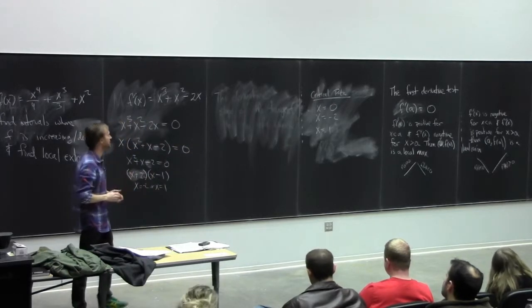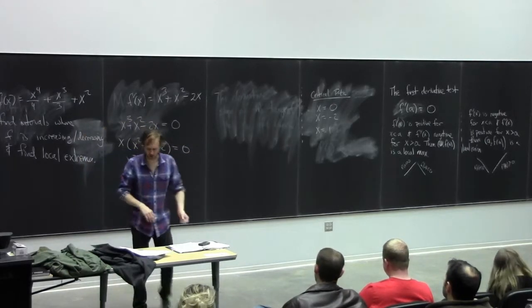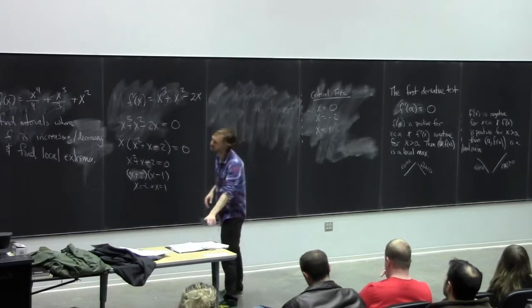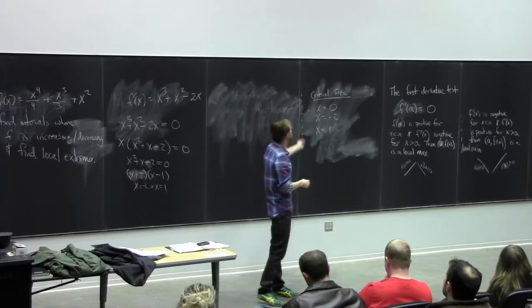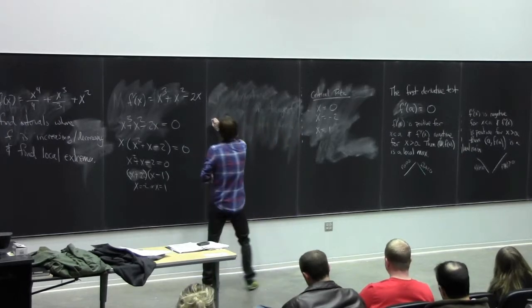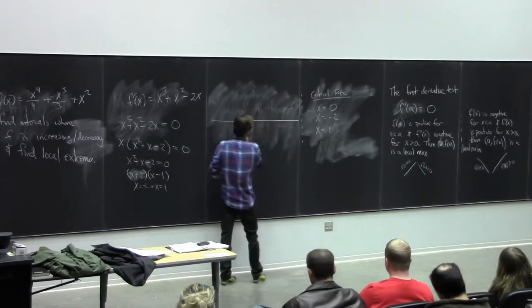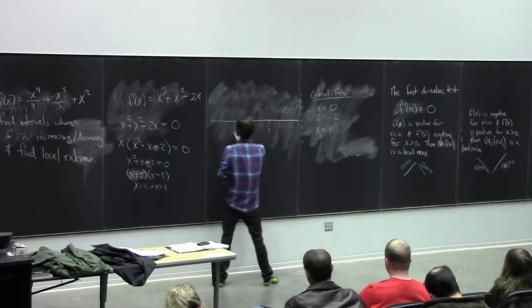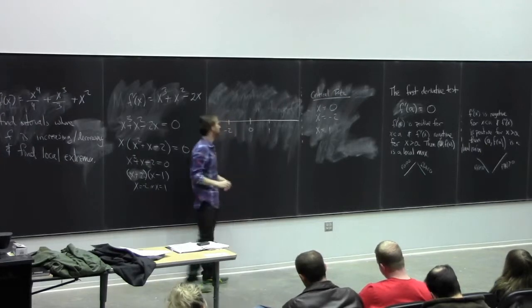And so what really is nice to do here is make what's called a sign chart. Remember, these are where the first derivative is 0 or undefined. So you make one of these things here, and you put 0 down here, 1 here, and minus 2 here.